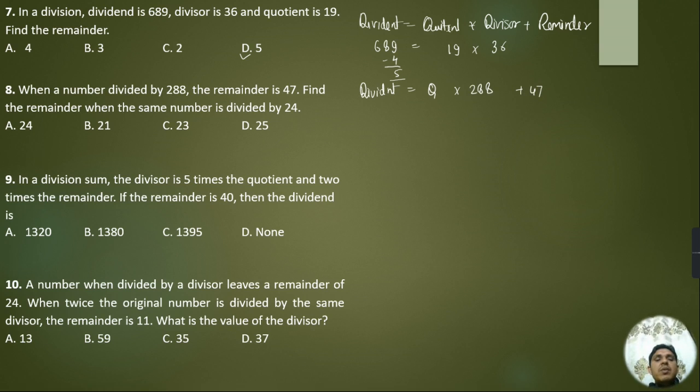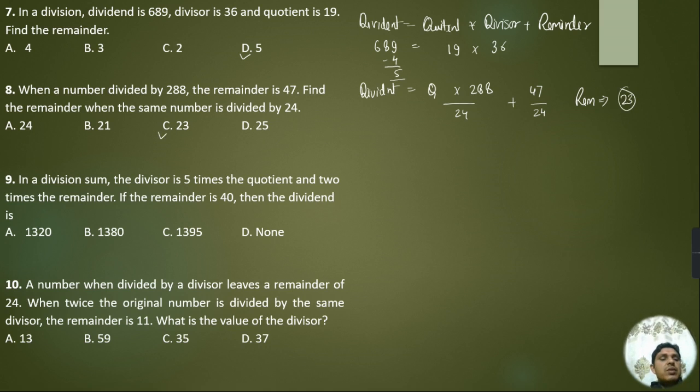Now divide by 24 here and here, and this is the property of remainder. We can just add the remainders. If we check the remainder in this term, it will be 0. And if we check the remainder in this term, that is 47 divided by 24, the remainder will be 23. Hence 23 will be the answer.